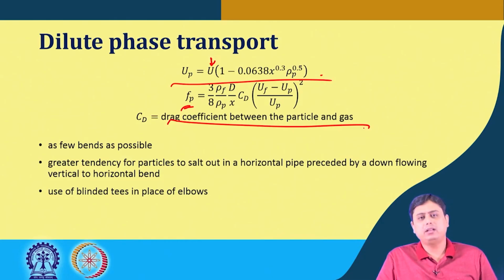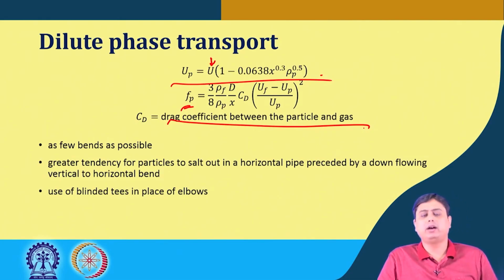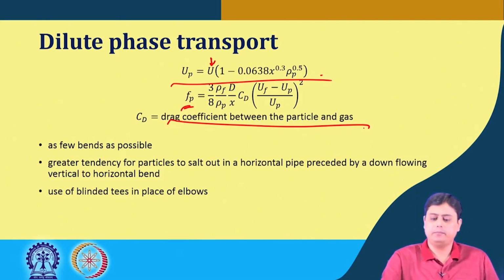And these bends also have a detrimental effect on the velocities. For example, there is a greater tendency of the particles to settle or salt out in a horizontal pipe that is preceded by a downflowing vertical to horizontal bend.